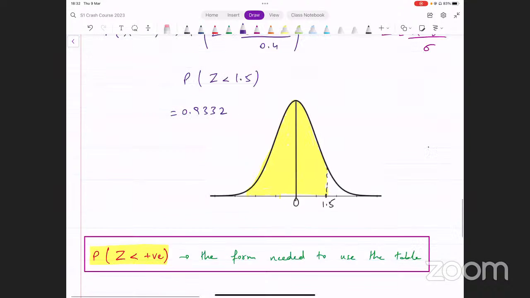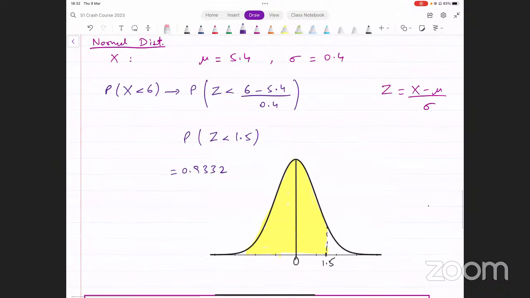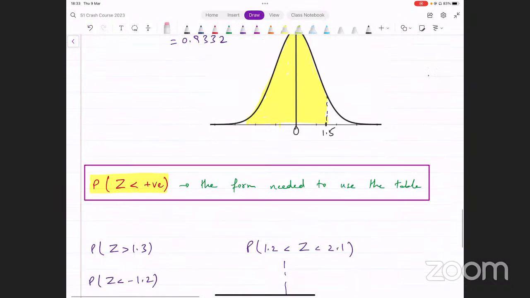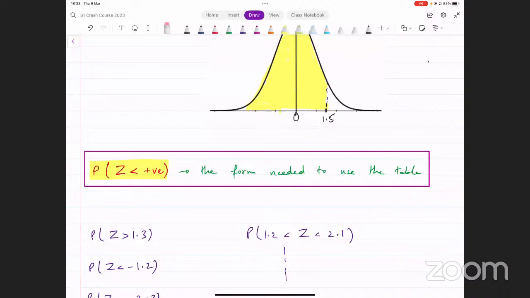In the example we were doing, we had this standard form already. We were looking for the probability of z less than 1.5, so the area to the left of z, and the value of z was positive. So it was already in the standard form, and we could use the table directly to find the probability.